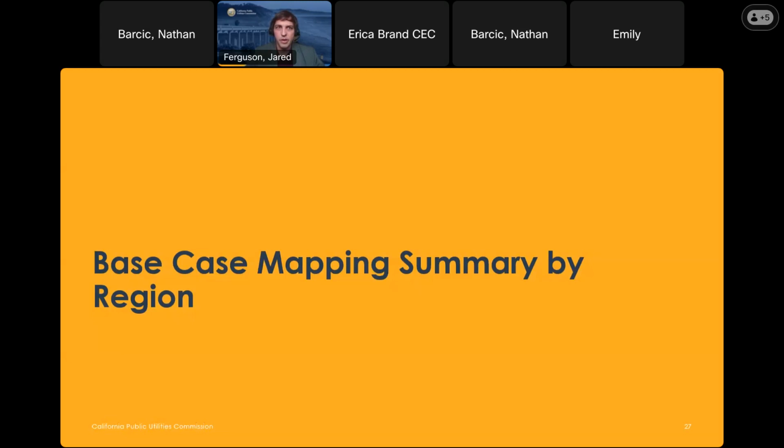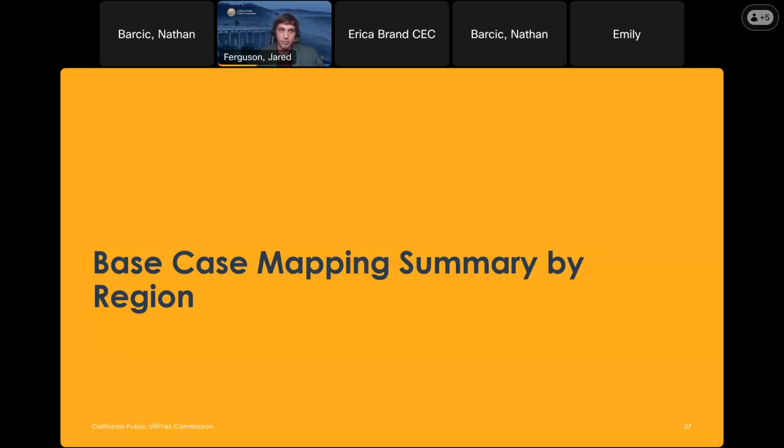So this section has a lot of slides that I'm going to skip through relatively quickly because it's mostly comparison tables that are added for ease of looking at the data for us and for stakeholders, showing, as I was saying earlier, the summary differences of resources mapped to areas by the RESOLVE resource region and by the ISO interconnection zones.